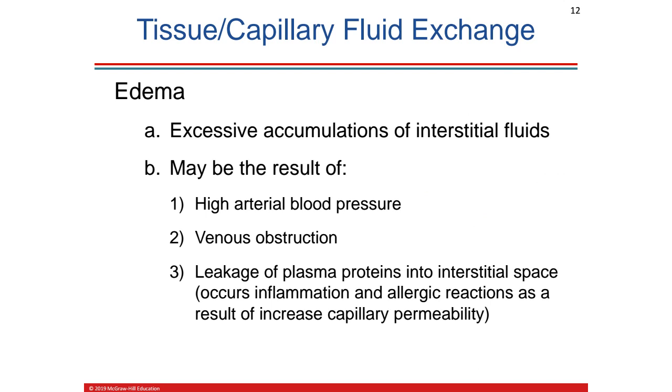Changes in the Starling forces can lead to edema, a condition in which there's excessive accumulation of interstitial fluid. This may be the result of high arterial blood pressure. If you think about it, this will increase the capillary pressures, and this will lead to an increase in net filtration pressure, leading to increased filtration. Another thing that could cause edema would be venous obstruction.